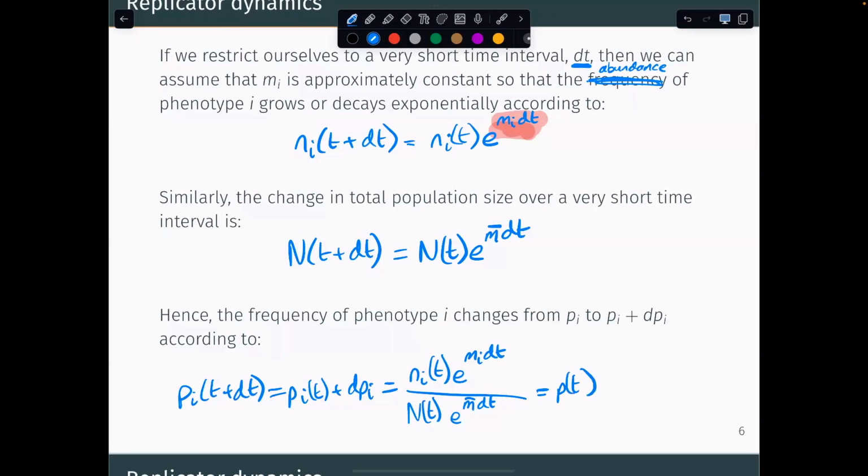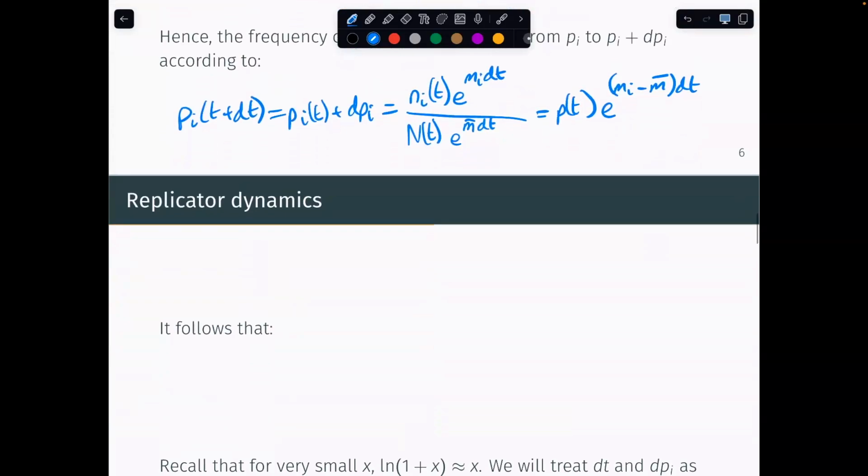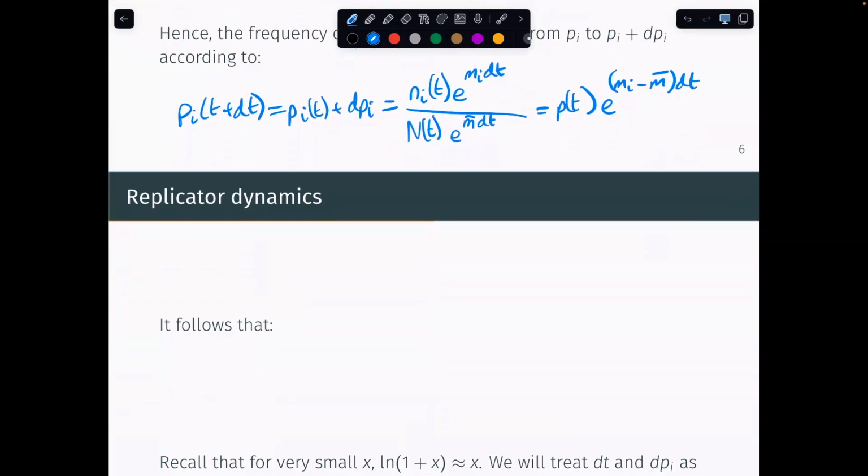And the exponentials here, you can think of this one on the bottom as being e to the minus m bar dt if we take it onto the numerator. So we're going to have e to the (mi minus m bar) times dt. Okay, so we've got an equation now for our frequency dynamics.